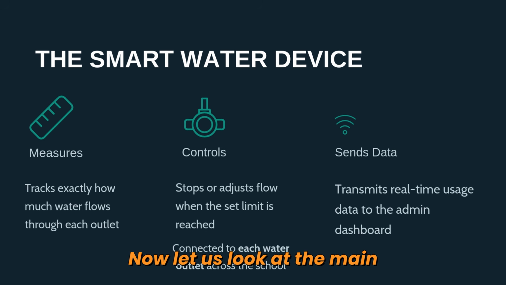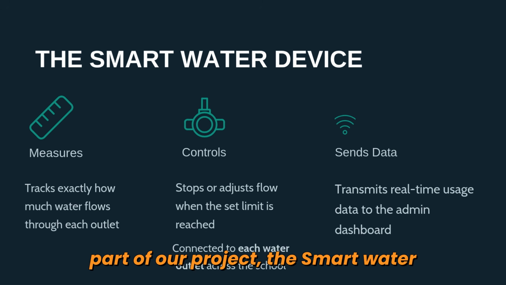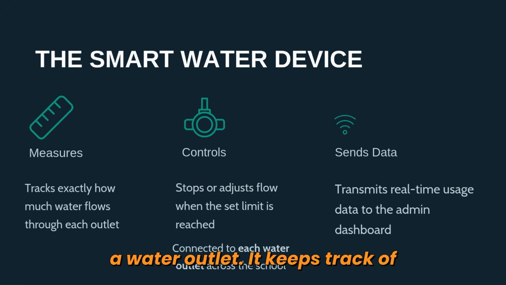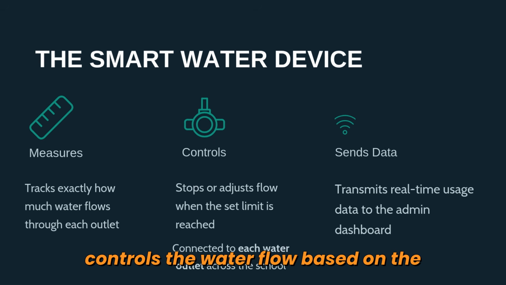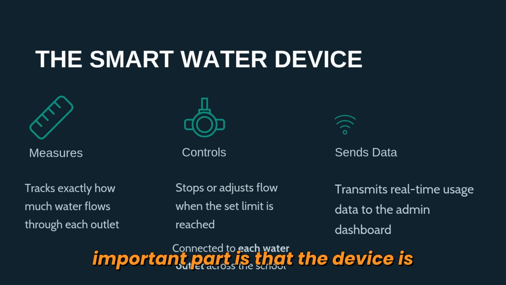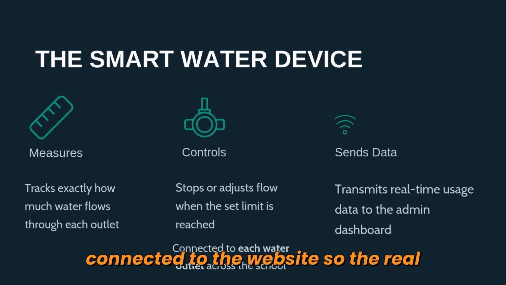Now, let us look at the main part of our project, the smart water control device. This device is placed at a water outlet. It keeps track of how much water is being used and controls the water flow based on the limits set by the administrator. The important part is that the device is connected to the website.